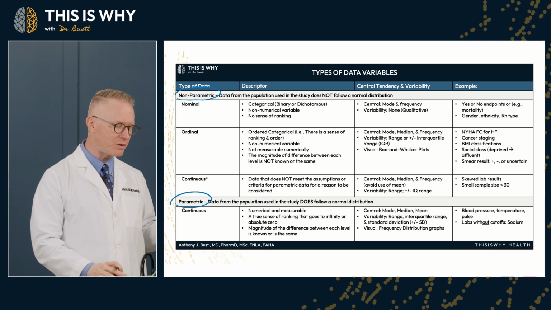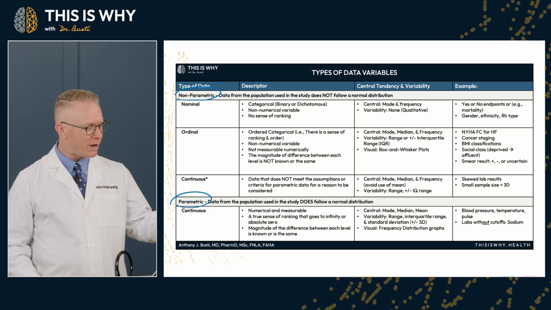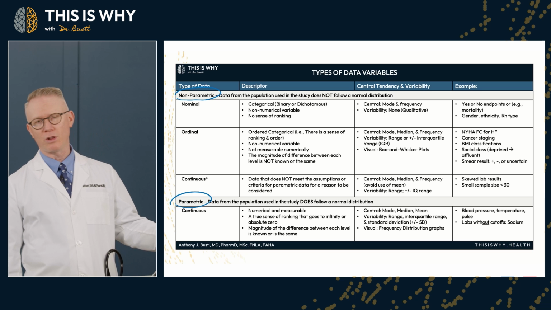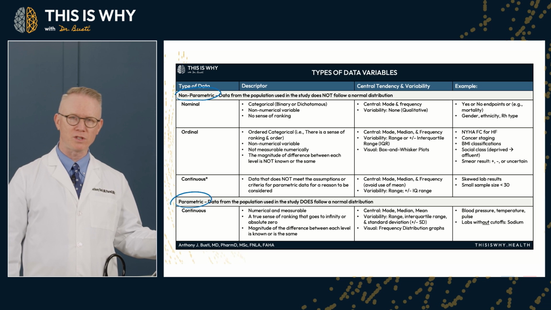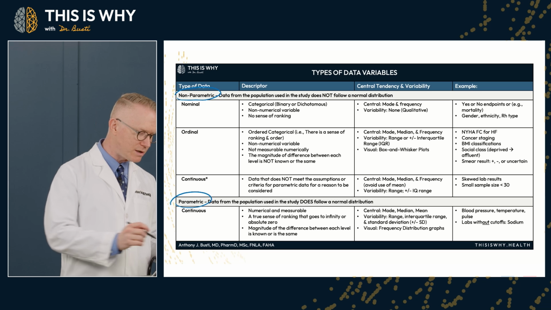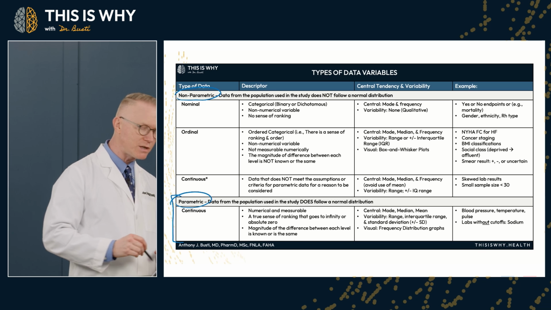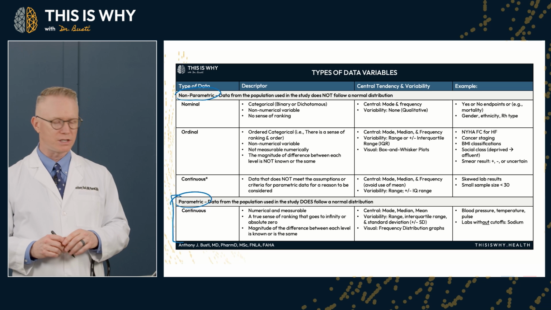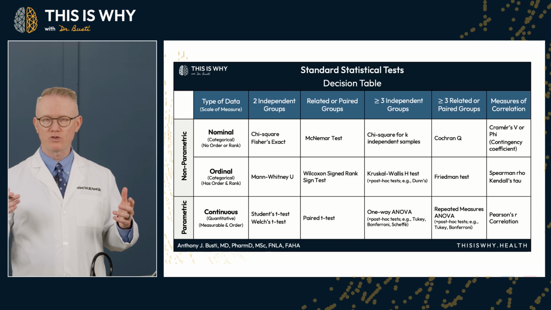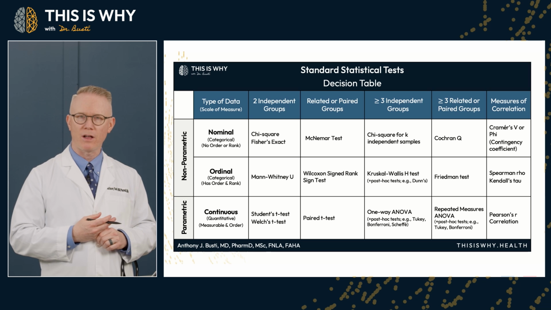All that helps us to understand that. And so in this table, we break down the type of data, nominal, ordinal, continuous, that no longer meets the criteria or assumptions of being parametrically distributed. And then, of course, the bottom one down here you see is our parametric statistical analysis and the type of endpoint. But we need to know that because it drives the row that we fall into.